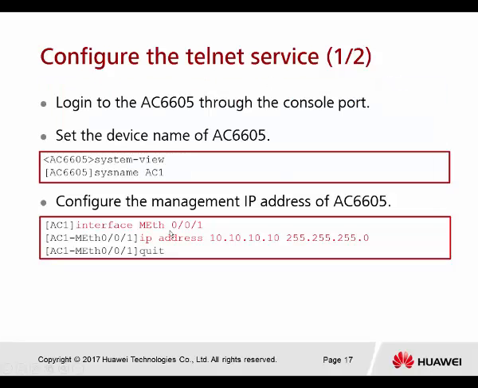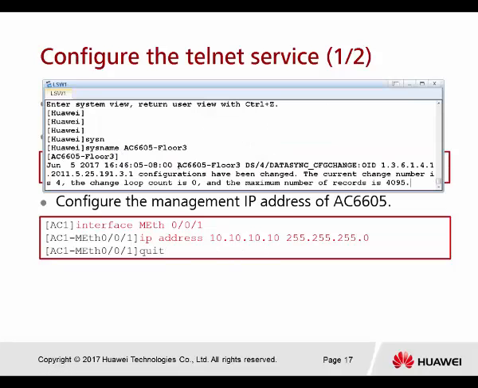The next one is called the management interface. Take note that this management interface is not able to configure any service access. It's purely for Telnet purposes. From there you can assign the IP address.